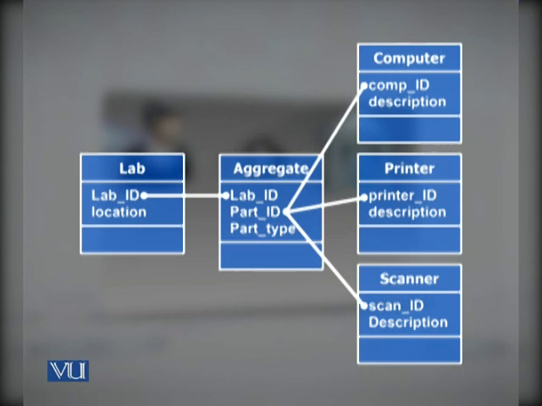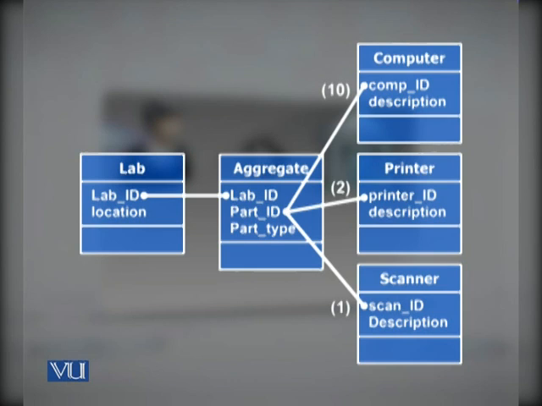Now to aggregate them, to represent the fact that the lab object is aggregating all these things, we need links showing that each of these equipment is in the lab 1 that we entered in the lab table. Let's say we have got 10 computers, 2 printers, 1 scanner. So in all there are 13 equipment.